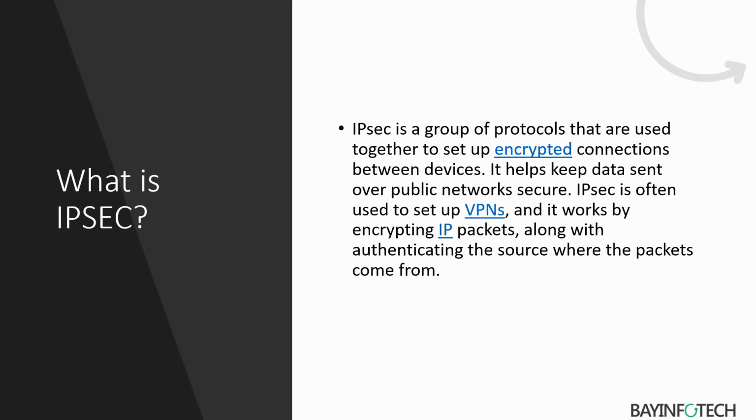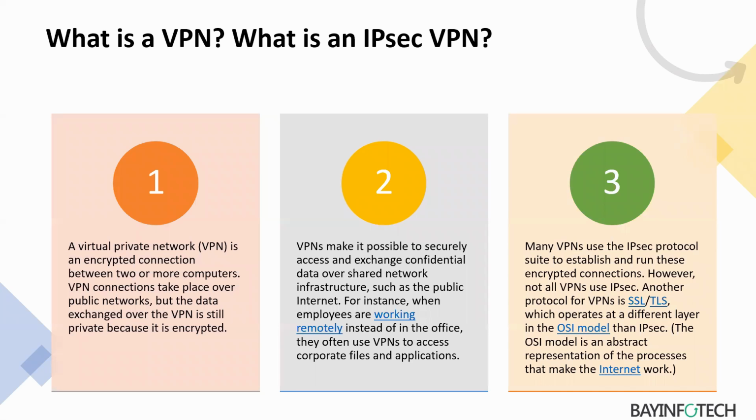Let's see what is a VPN and what is an IPsec VPN. So, a virtual private network is an encrypted connection between two or more computers. VPN connections take place over public networks, but the data exchanged over the VPN is still private because it is encrypted.